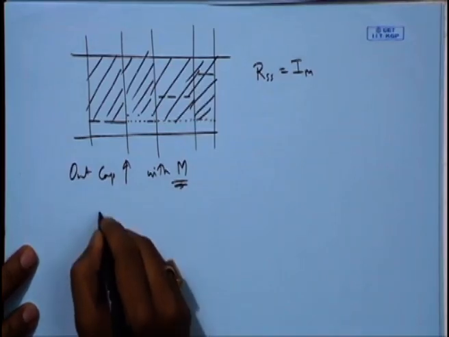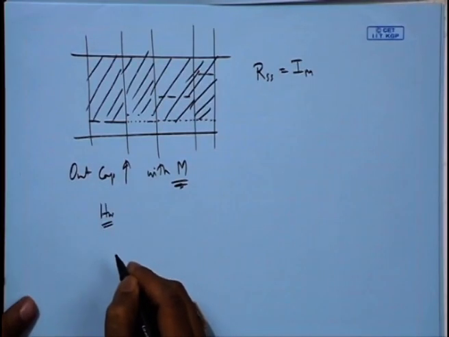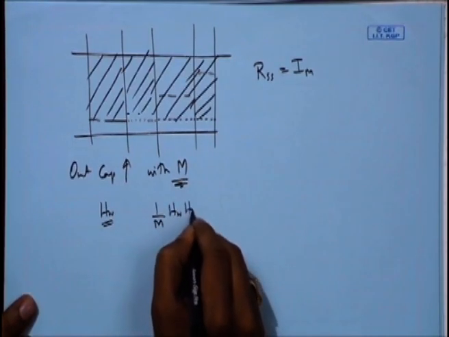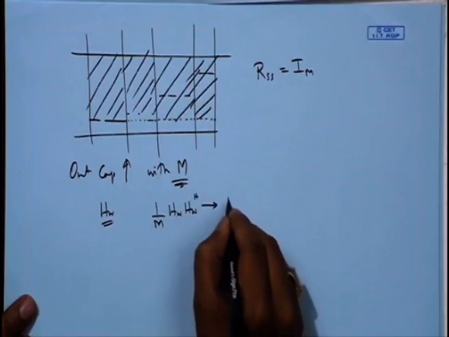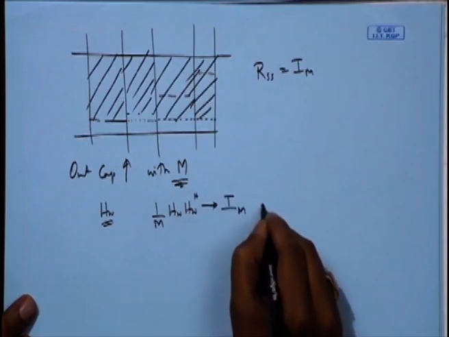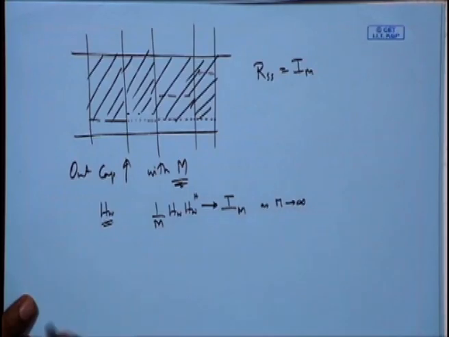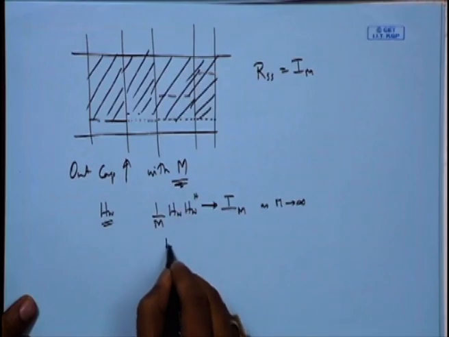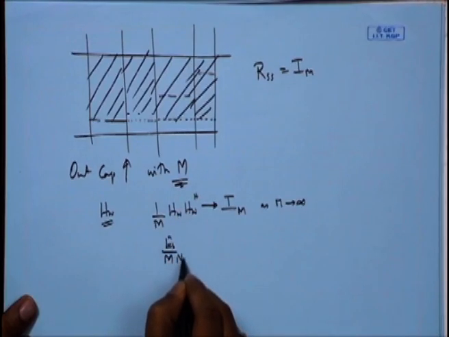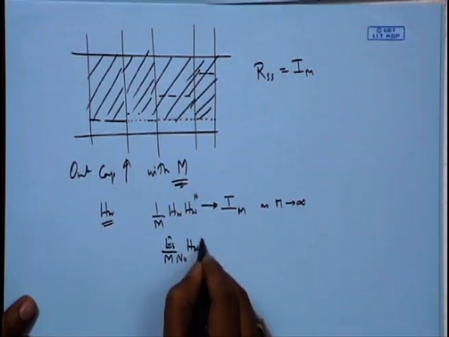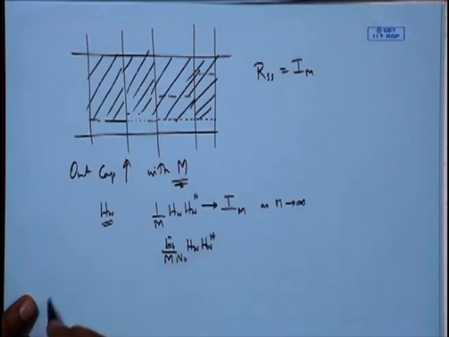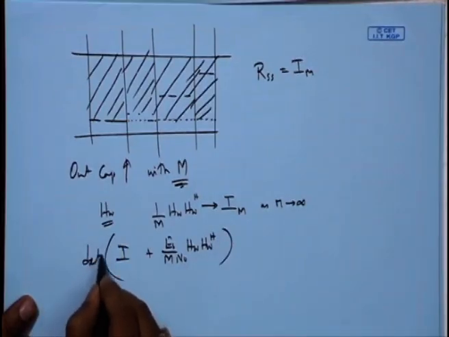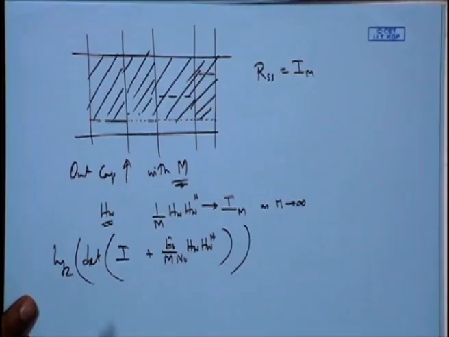So now suppose we have an HW channel. For an HW channel, we have seen 1 by M HW Hermitian tends to I of M as M tends to infinity. So what does it mean? Inside the capacity expression you have Es by M N naught times HW Hermitian, plus of course I MR. This is the expression of capacity for a given channel.